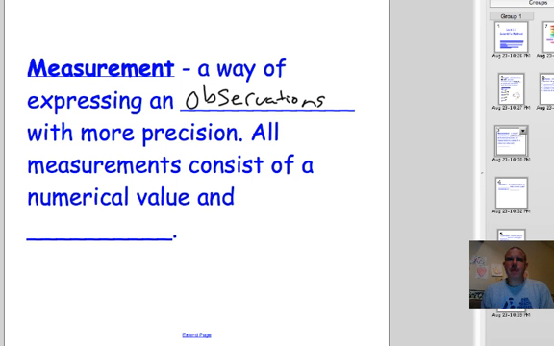So when we take a measurement, we're adding a numerical value to something, but we also need to have units with that. It's great to say that we're taking a measurement of something, but we want to know the units. If we want to know how far it is from Mr. Levin's classroom to Mrs. Pren's classroom, we don't just say 42. We need to know if it's 42 feet, kilometers, or what it might be.